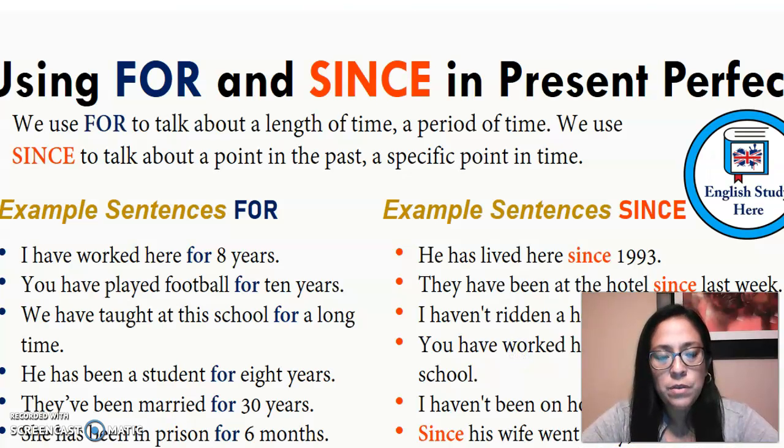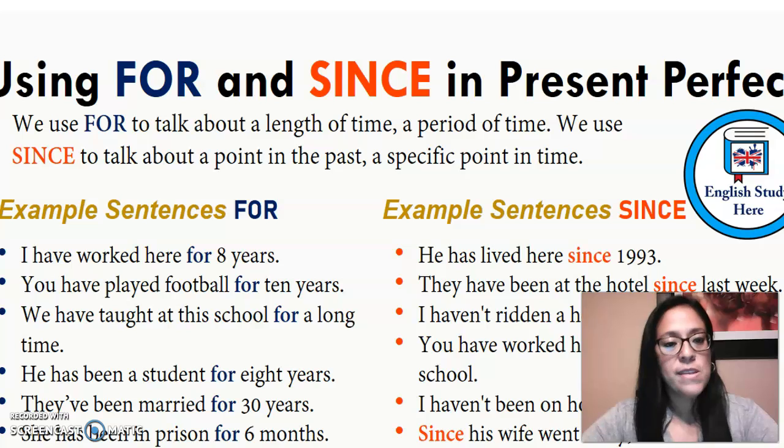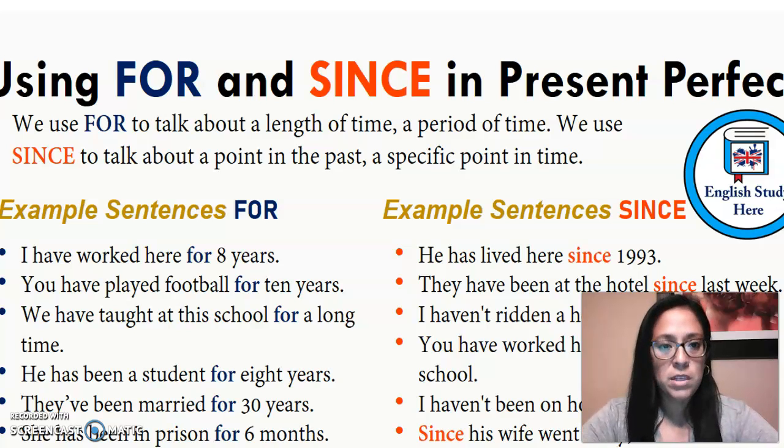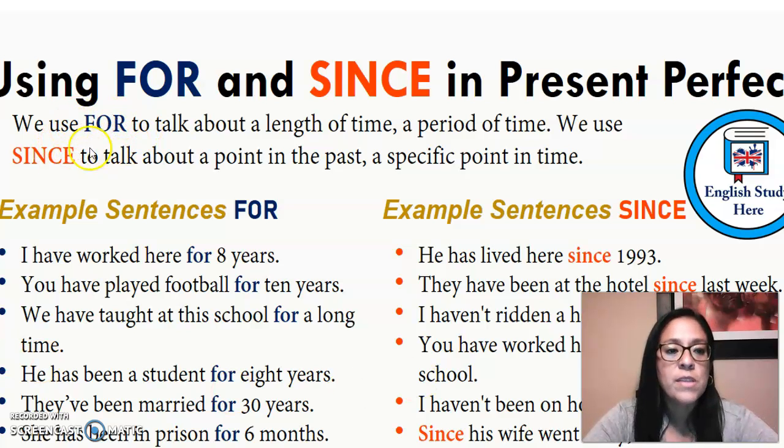Now, I told you that we use for and since with the present perfect to talk about actions that started in the past and continue until now. But here you have to be very careful because there is a difference between the use of for and since.